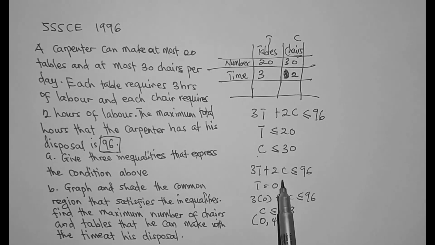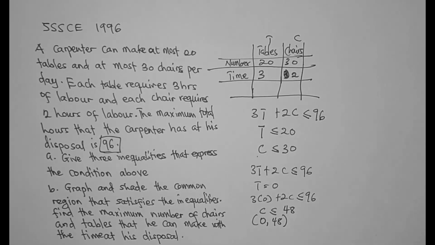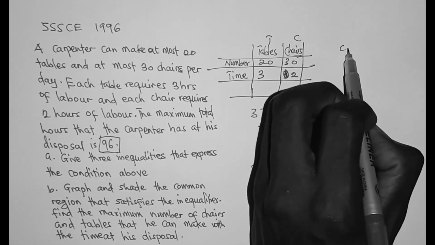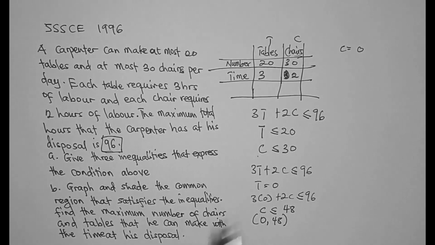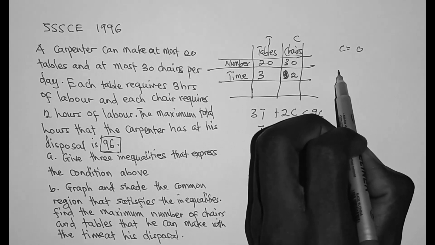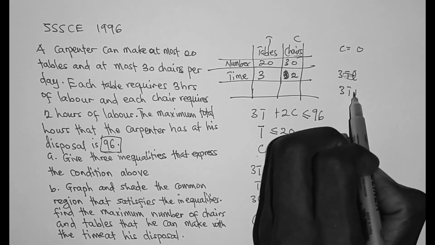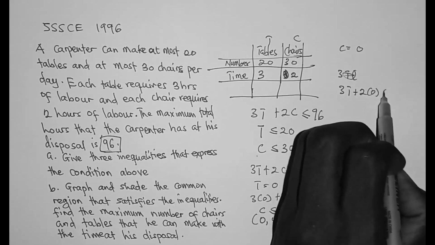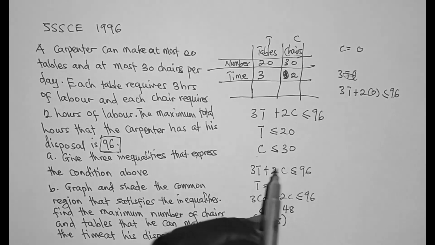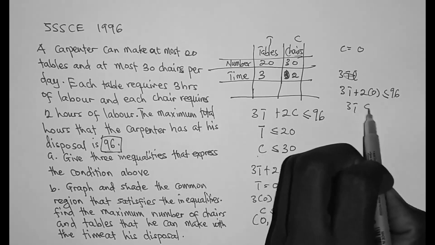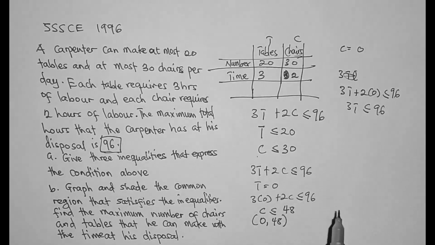Now let's put C equals 0. So we'll get 3T plus 2 times 0 is less than or equal to 96. So 3T is less than or equal to 96.